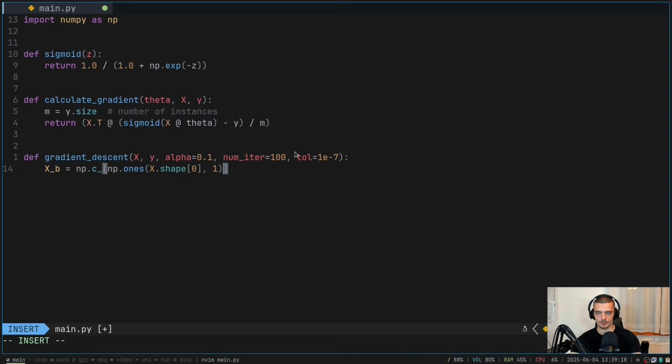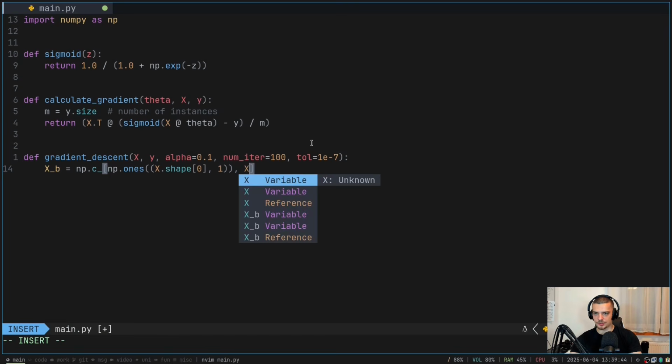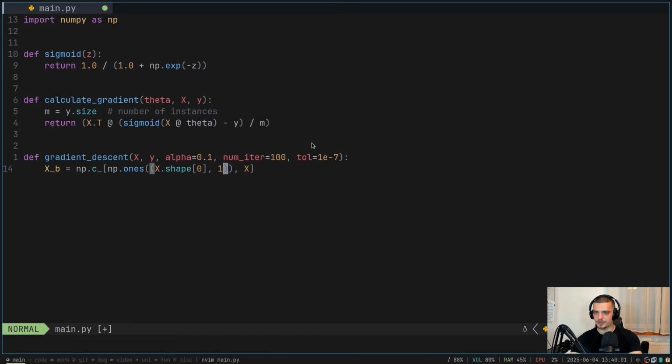So per instance, we're going to have just an additional 1 so that we can multiply it with whatever we have as the parameter for it. And of course, we need an additional bracket here because we're passing the shape. So shape 0 times 1. And then we also add here x itself. So we prepend a single one per instance, and then we have our x with the bias dimension.